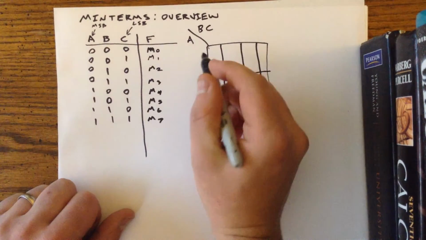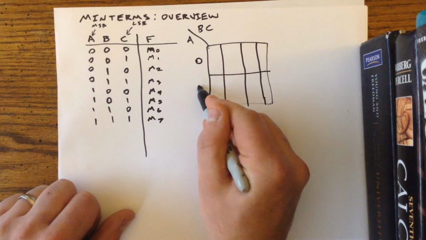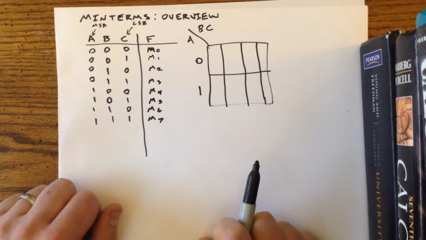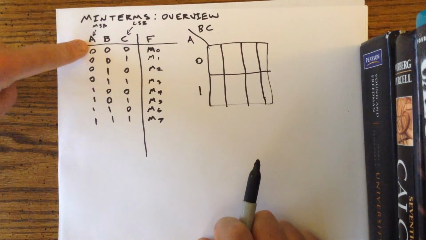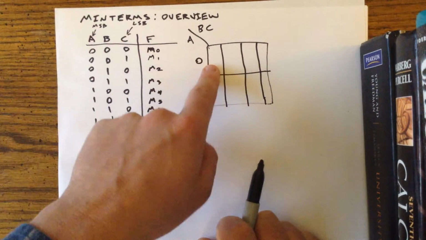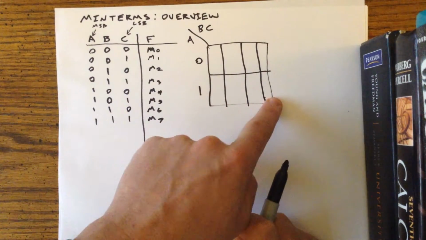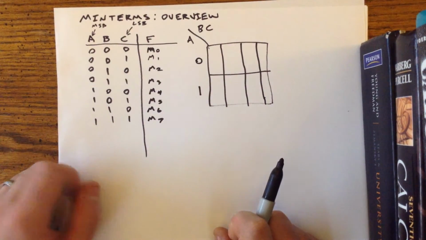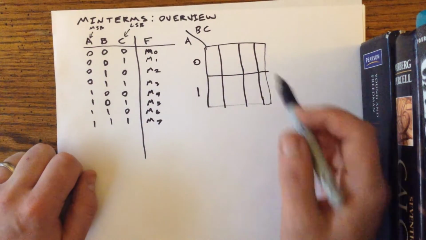Now if A is a 0 for this row and A is a 1 for this row, that's how I want to index it. So when A is a 0, we're going to be in this row. When A is a 1, we're going to be in this row. You see how it's just graphically laying out what I've done in the table here? This will help us simplify.